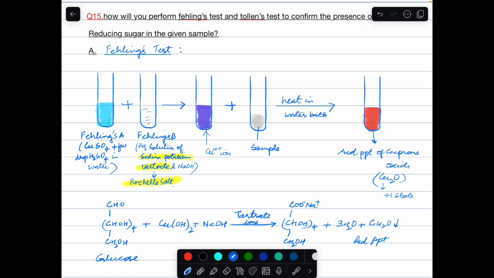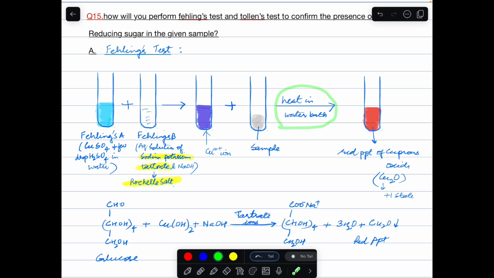When these are mixed, we get the Fehling's reagent, which is nothing but a solution of cupric ion, Cu2+ ion. Now this Fehling's reagent is added into your sample.